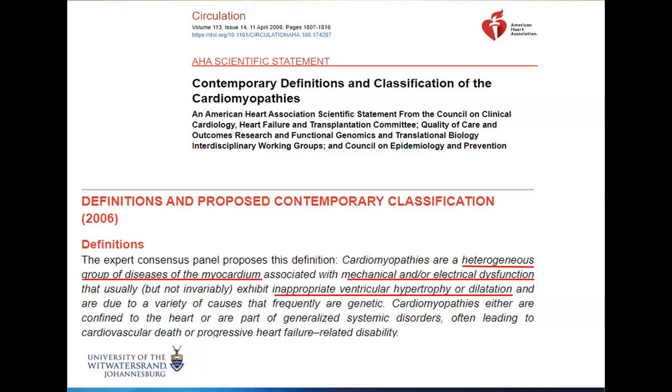And often they exhibit ventricular hypertrophy or dilatation, which is inappropriate. And then lastly, you would classify them and say, these are conditions either confined primarily to the heart, or they can occur as part of a generalized disorder.